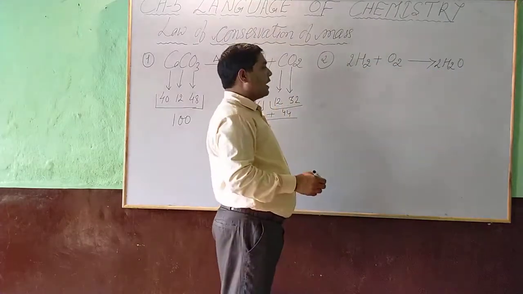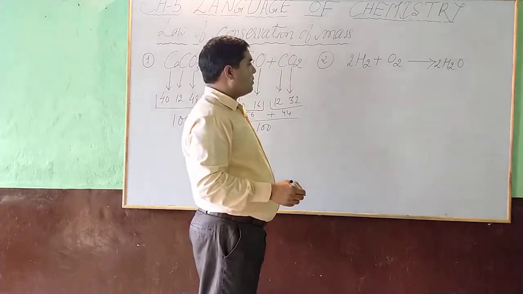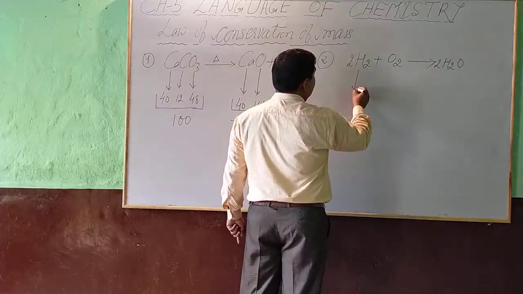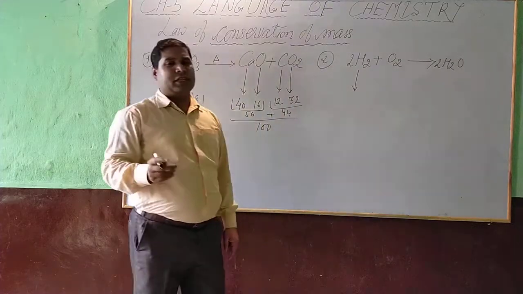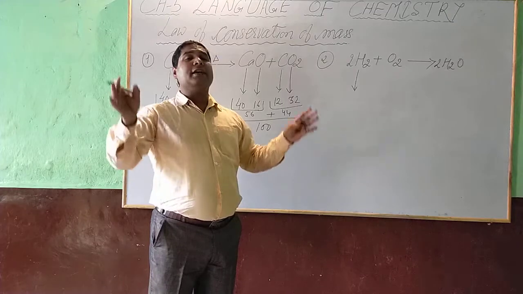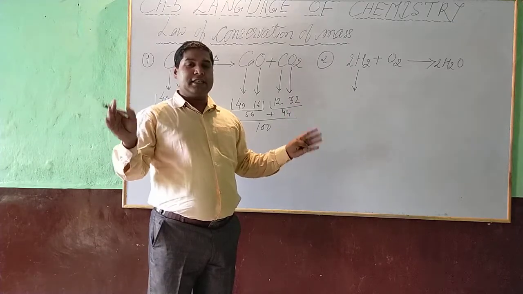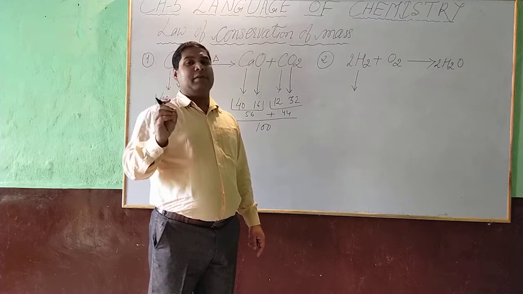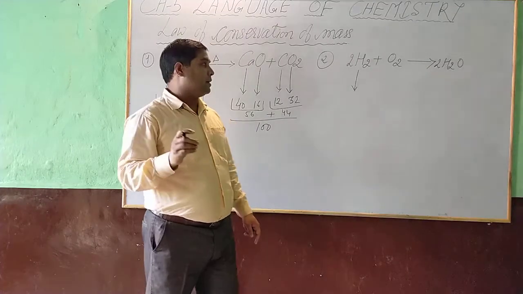Now let us calculate the mass of this chemical equation. Dear student, hydrogen is the only element whose atomic number and mass number are both the same, and it is known as the lightest element.